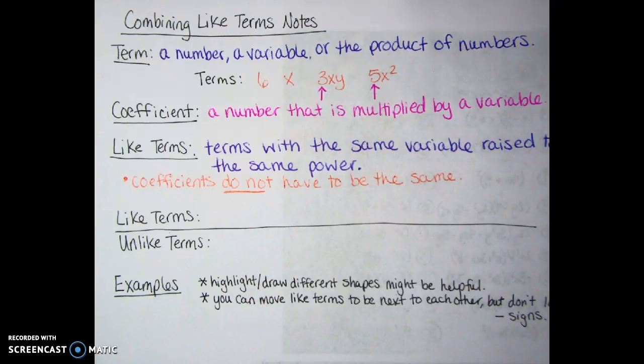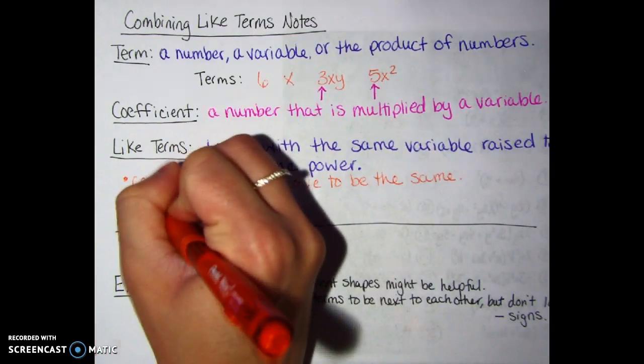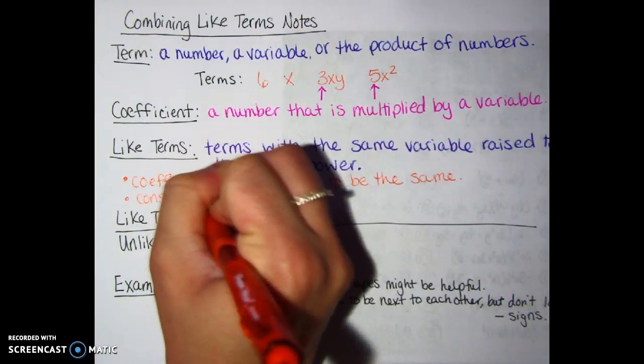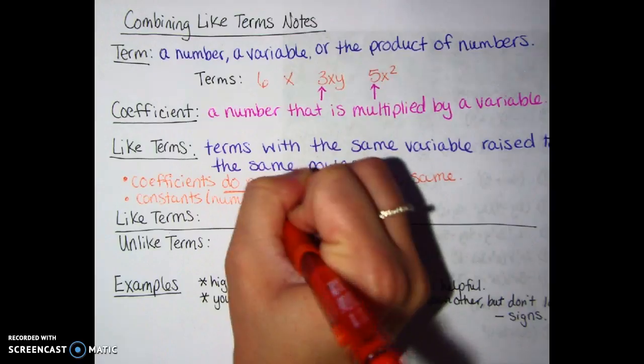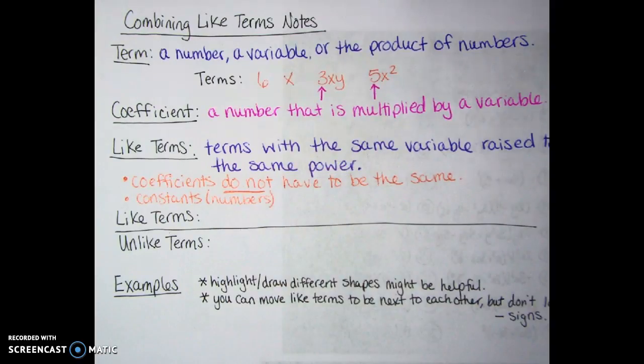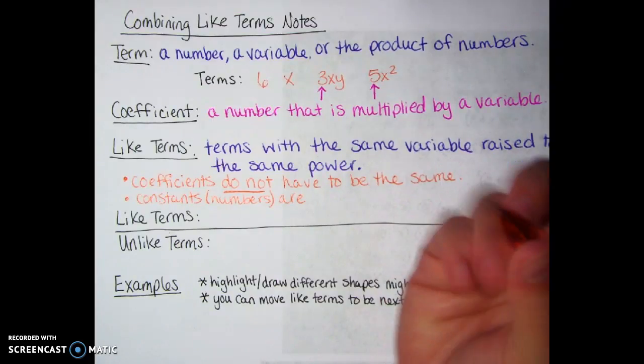They just have to have the same variables. And other thing to keep in mind, constants, these are just numbers. So like 6 is a constant. So constants are also like terms. So you can add 3 plus 2. You already know that.